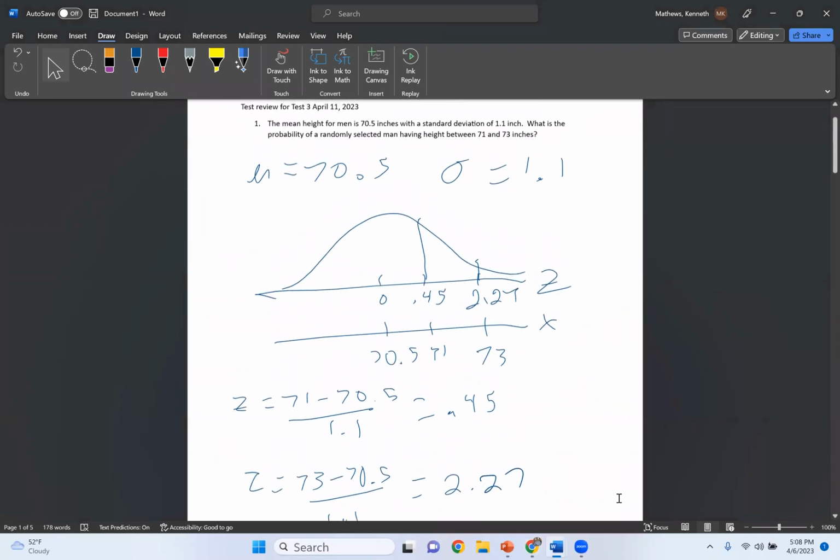So this is 0.6736. And then down here, 2.27.